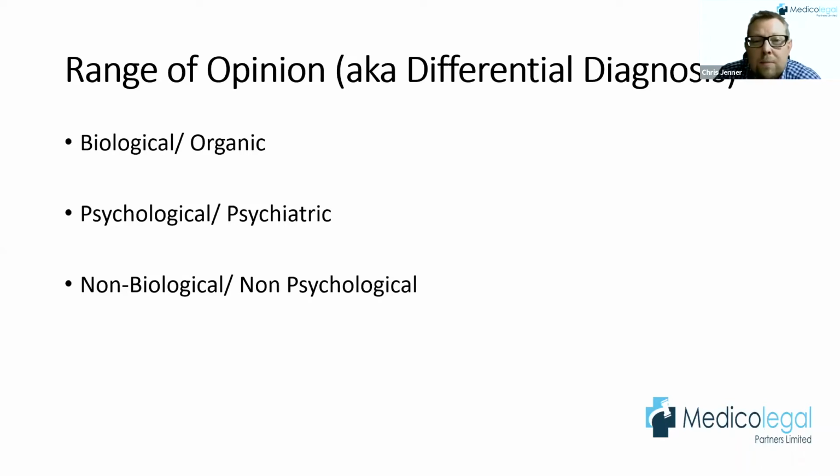If you think they do, then the biological organic differential diagnosis would be neuropathic pain, or it may be mixed nociceptive and neuropathic pain. Psychological, psychiatric differential diagnosis, it may be SSD, somatic symptom disorder, which we're going to talk about, mood disorder, adjustment disorder, or other issue. And at the bottom, we've got the so-called non-biological and non-psychological issues. So essentially here, we're looking at the spectrum of exaggeration, which we've discussed earlier.